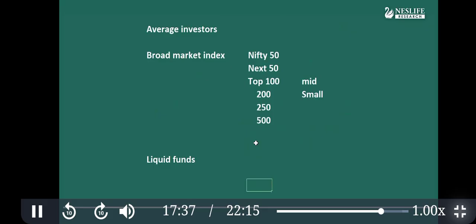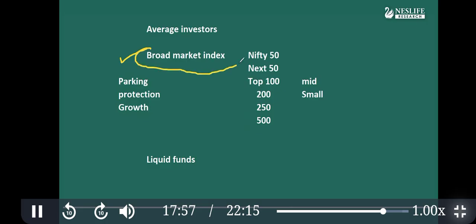What you have to learn is only the broad market index, because in investing there are three goals. What are those? Parking of the funds for short term, then protection of the funds from inflation, and then growth. For growth, broad market indices are more than enough.